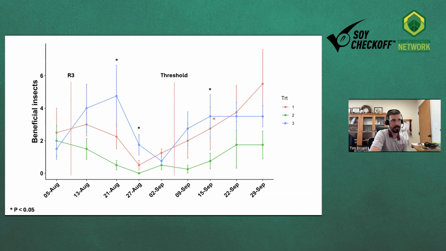In fact, it increased a little bit here through the end of the season. And with that automatic application, the beneficial population went down to basically none in the several weeks following that application, and it never really bounced back. So the difference that we see in beneficial insects here might contribute in some part to the difference that we saw in the total number of soybean loopers in that previous figure.